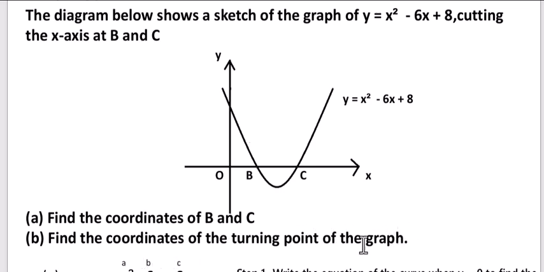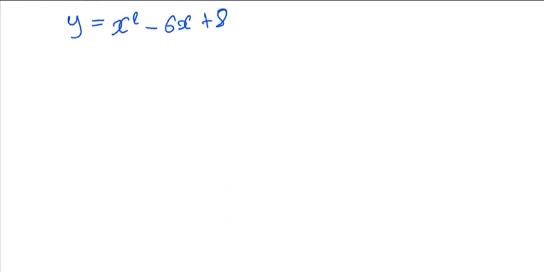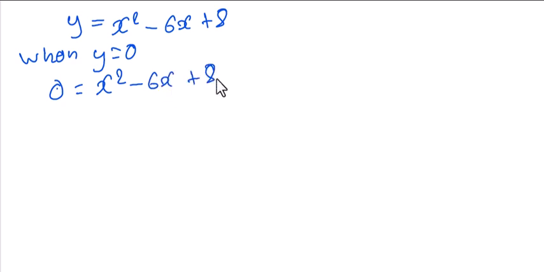For us to find the coordinates of B and C, we know that when y equals 0, we have x squared minus 6x plus 8 equals 0.